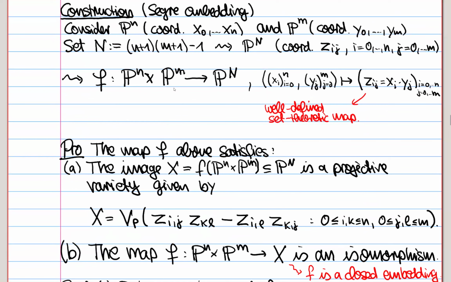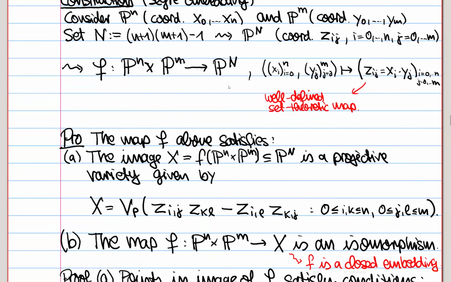So this is a well-defined map, and you see it also does what we want. It takes a product of projective spaces and gets it into some bigger projective space. And then the proposition here is, first of all, that the image of this map is a projective variety, and we can cut it out explicitly. It's the vanishing locus of these polynomials, and now we have to be careful.